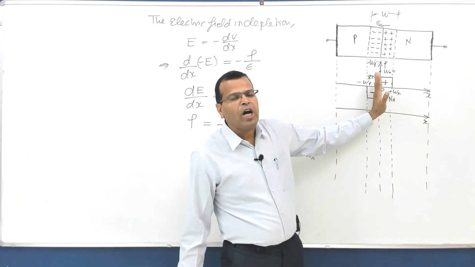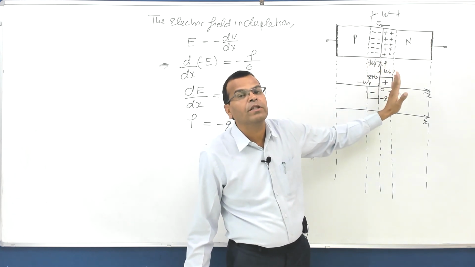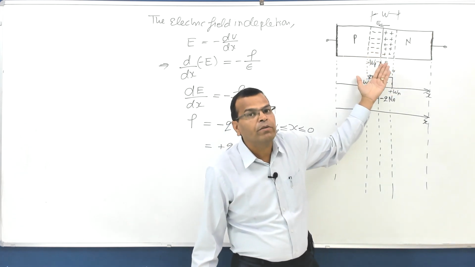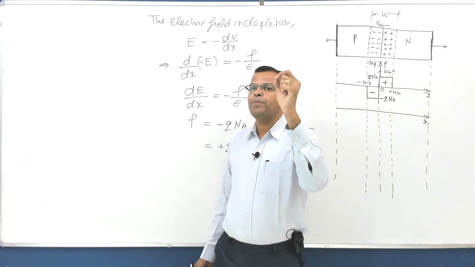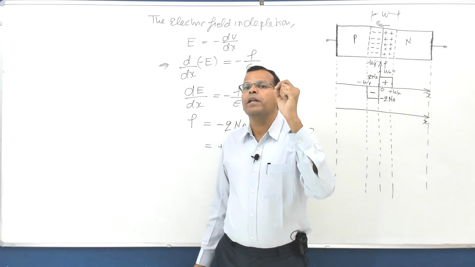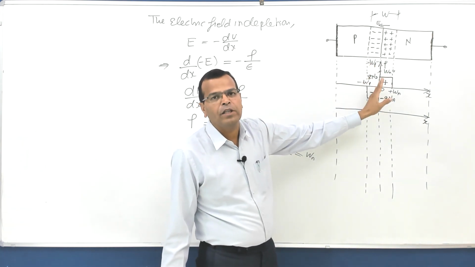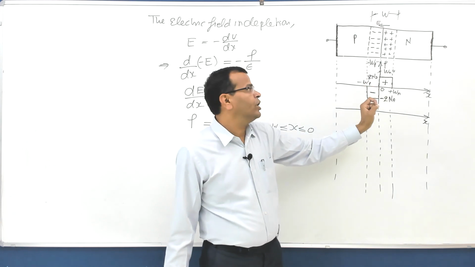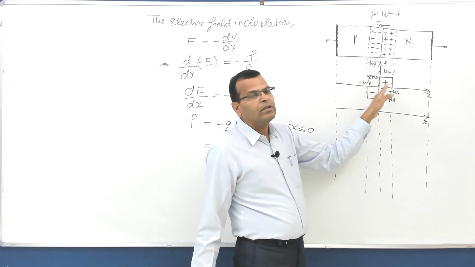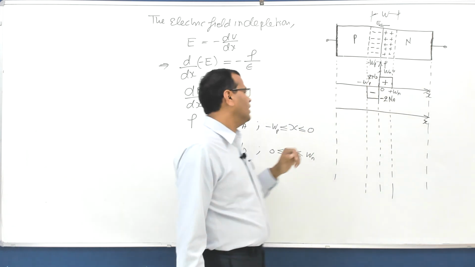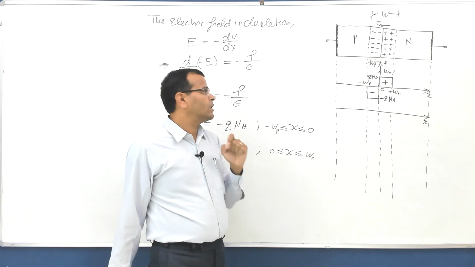When there is a sharp, sudden change of the concentration of the charge carriers from one side of the junction to the other, that is called an abrupt or step graded PN junction. So what I find is your concentration is varying suddenly across the junction here. That is why I have this relationship for the charge density.